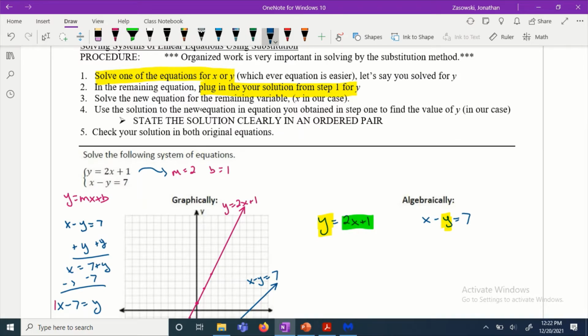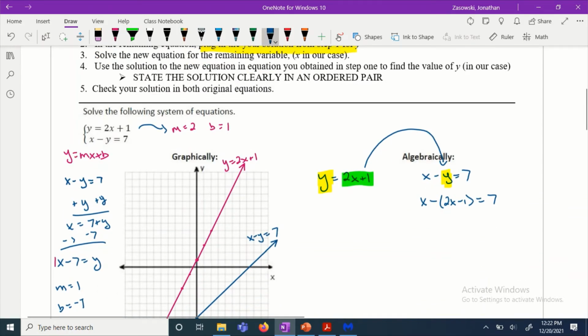So what it looks like is x minus, parentheses, 2x plus 1, equals 7. So everything stays the same. I'm just substituting this value in for that variable that we solved for. Now I'm going to solve this equation, and that will give me the value of x, the x coordinate from the intersection. So we're going to distribute the negative 1.